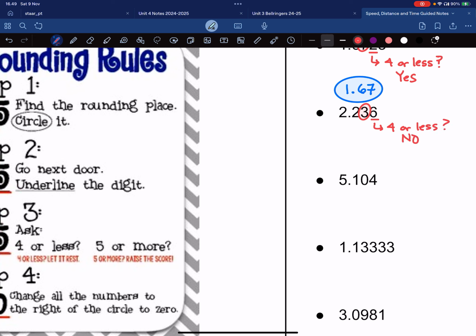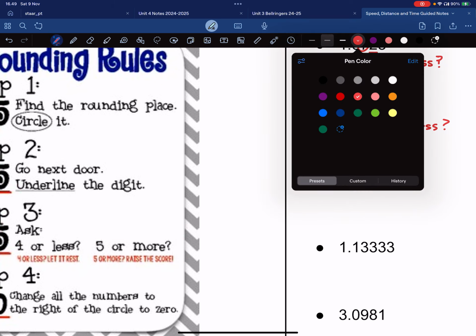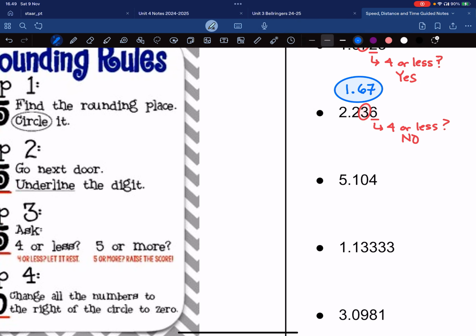No. 5 or more? Raise the score. So what they mean is you take the 3 and you change it to 4. You raise the score. 2.24.